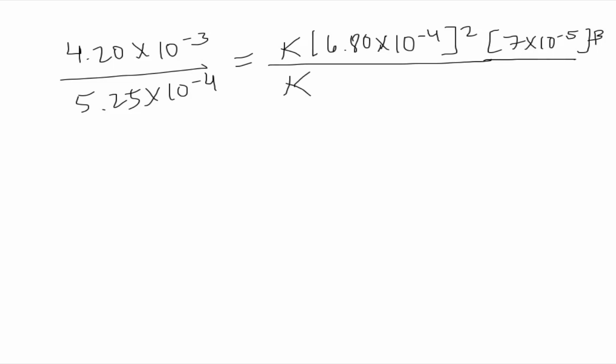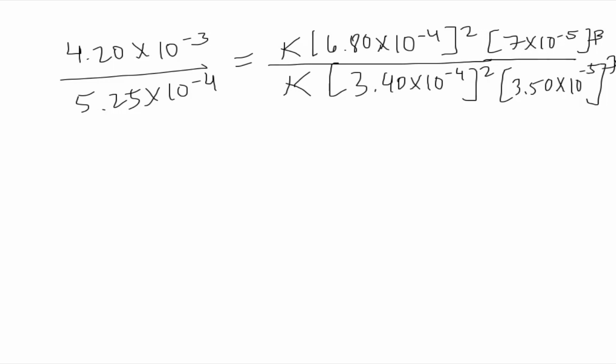Then we divide everything over the rate of reaction 1, trial 1. So that'll be K times 3.40 times 10 to the negative 4 squared times 3.50 times 10 to the negative 5 to the beta. These two cancel out, and then we can divide the rest.